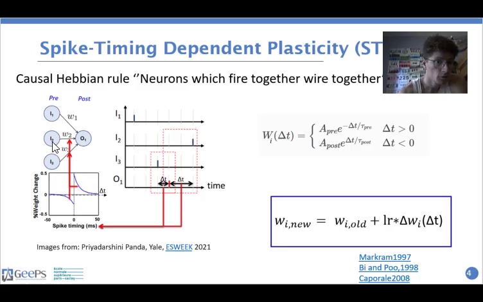Whereas if the presynaptic neuron fires slightly after the postsynaptic neuron, right here between this one and this one, the weight omega-2 here will be slightly decreased, according to the STDP function. STDP is also often called the causal Hebbian rule. Why?